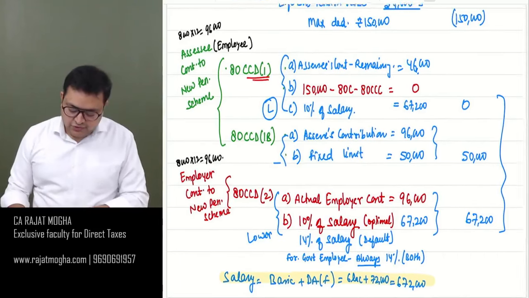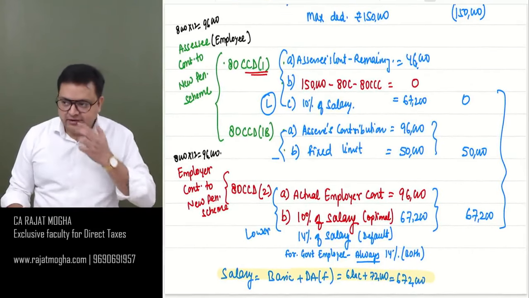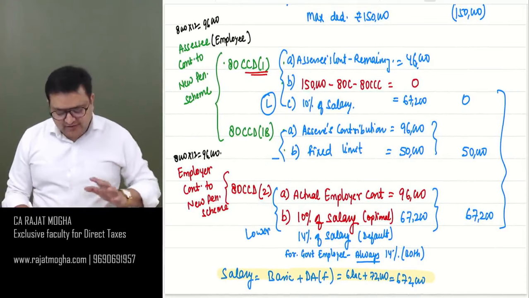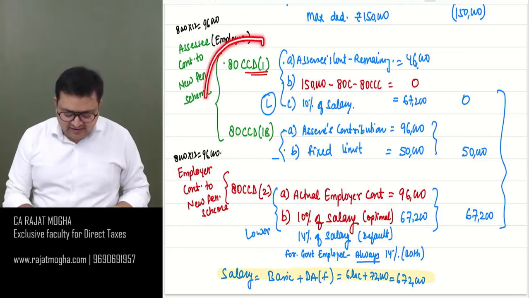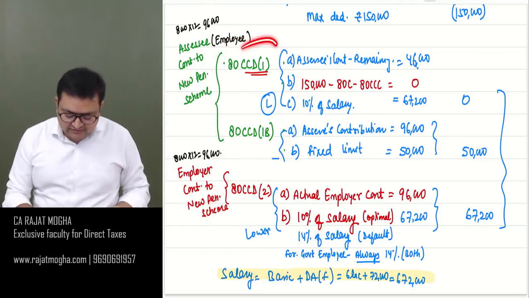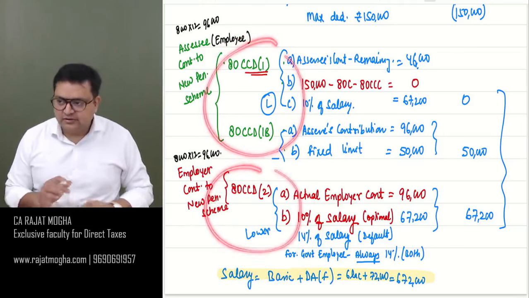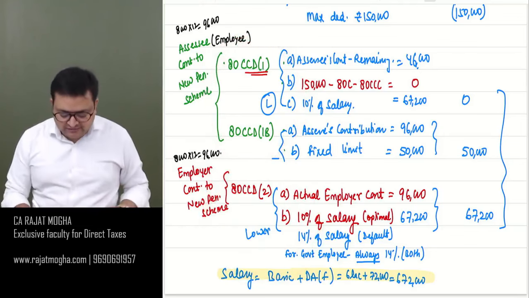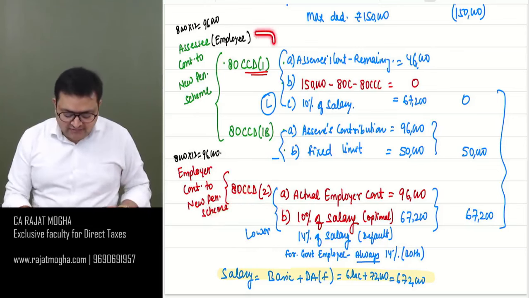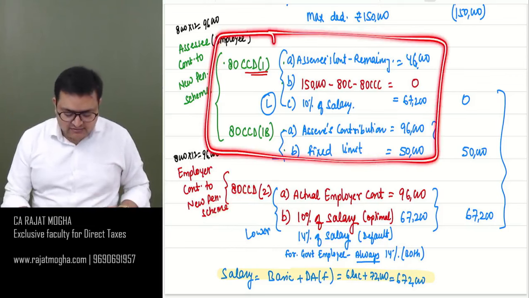So you should always start from CCD, I would say yes. Even you have the option, see CCD1 and 1B and CCD2. Either you start with this part or you will start with this part. No problem. If you are starting with this part, it's okay. If you are starting with this part, this is also okay.